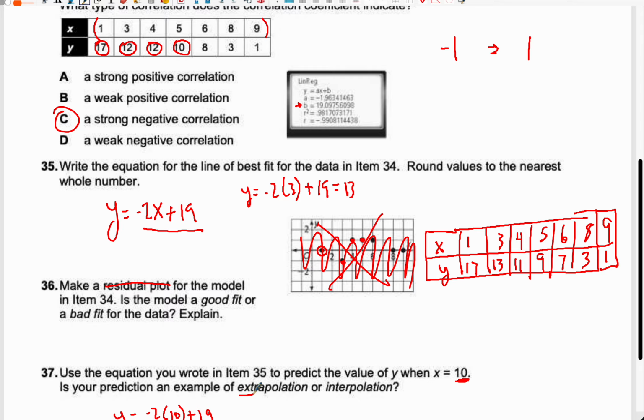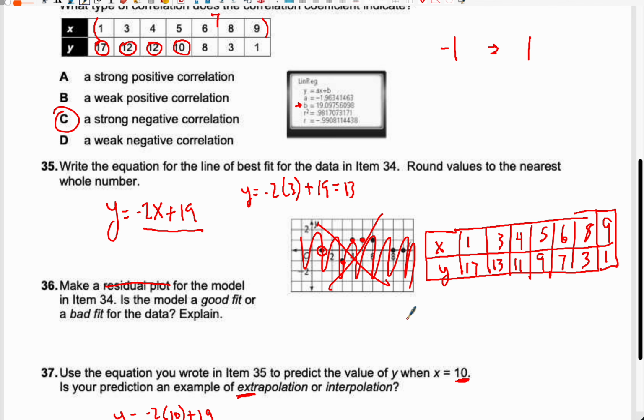Outside is like an exit sign. It's extrapolation. It's outside the data set. So this one is an extrapolation because it's outside the data set. If they'd asked me about the number 7, if it's right there, that's inside the data set. So that would be an interpolation. Okay? So 10 is outside the data set. It's an extrapolation.